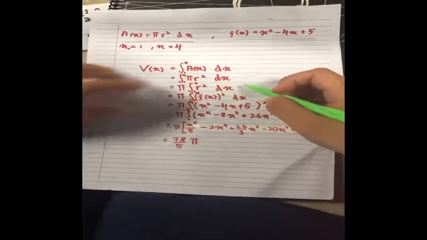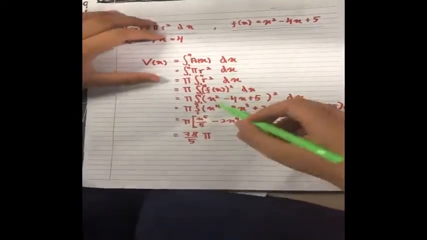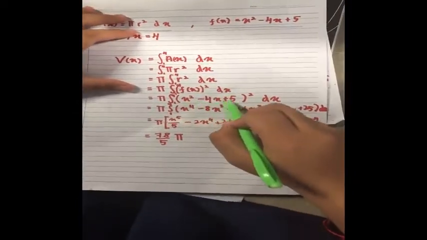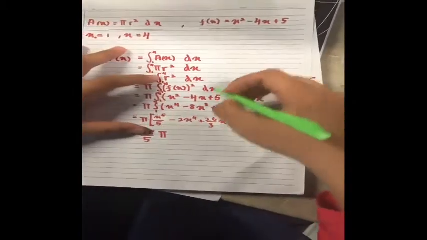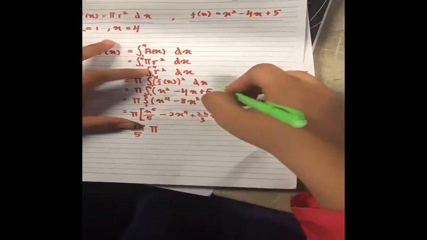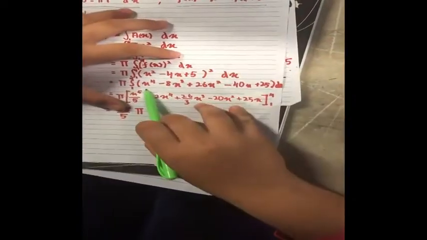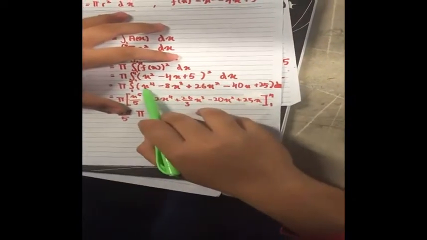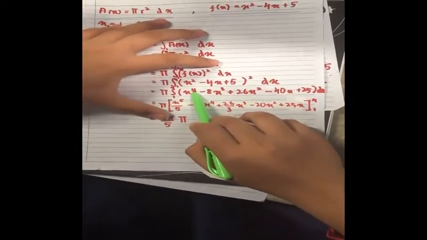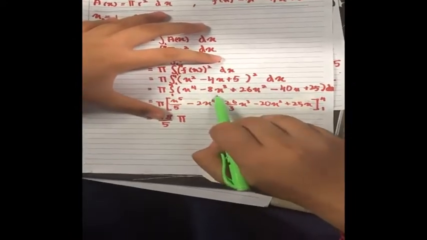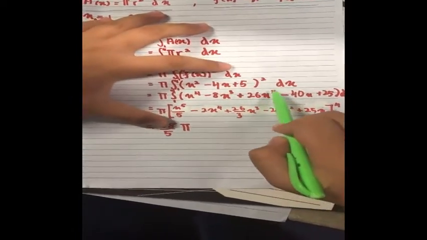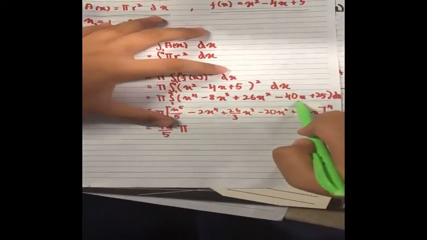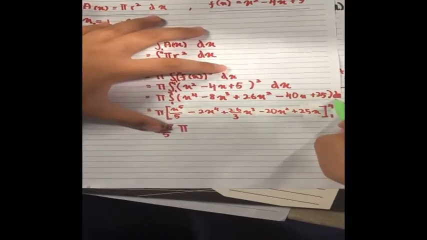Then we substitute x squared minus 4x plus 5, in brackets squared, dx. Then we have to expand this first. When we expand, we get x to the power of 4 minus 8x to the power of 3 plus 26x to the power of 2 minus 40x plus 25 dx.